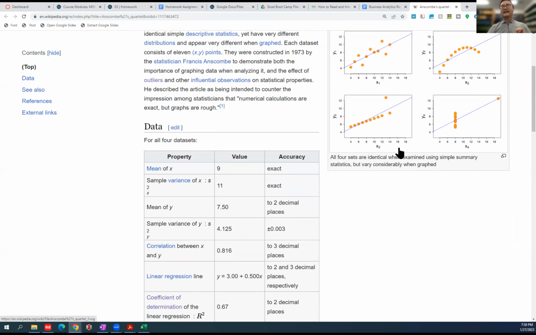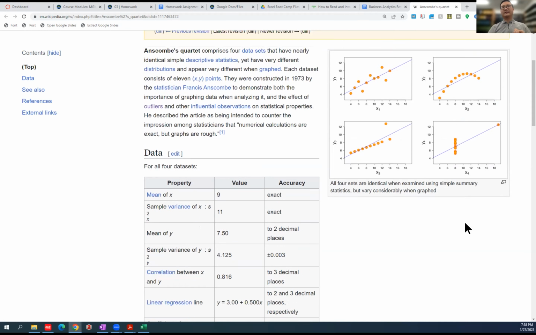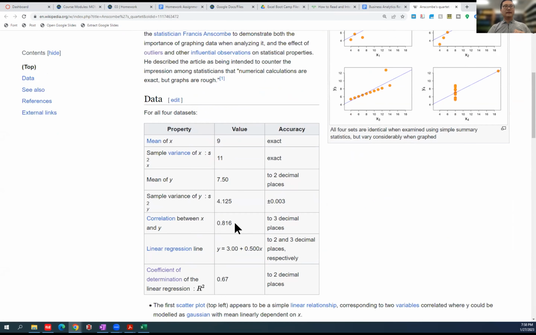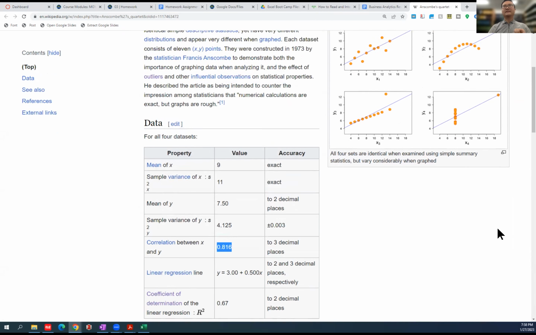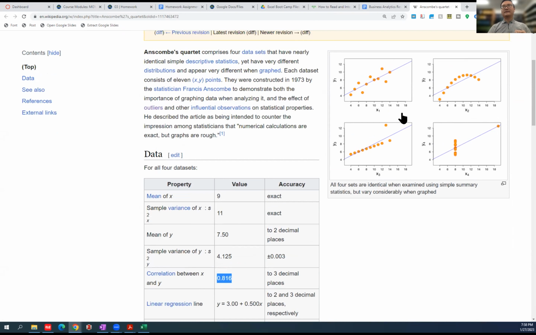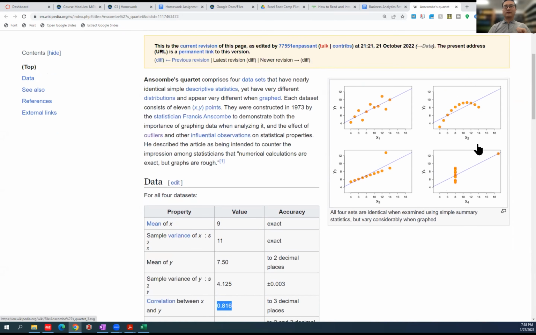Each of them has exactly the same correlation coefficient, 0.816. However, they provide us very different visual patterns. So that's why it's very important to plot the relationship instead of depending on some single-value summary statistic like the correlation coefficient.